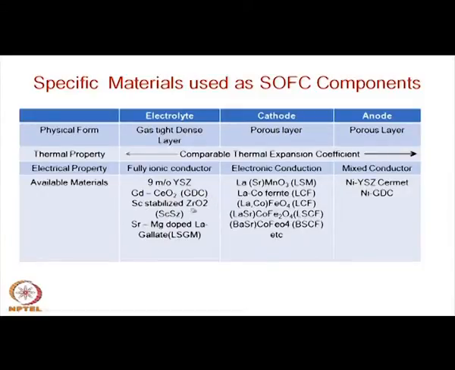Scandium stabilized zirconia, ScSZ, can also be used as an electrolyte, because it has a much higher conductivity compared to YSZ, but it is very costly and the availability of scandium is also quite limited. So there is some problem, otherwise in principle it can be used from the point of view of other properties.